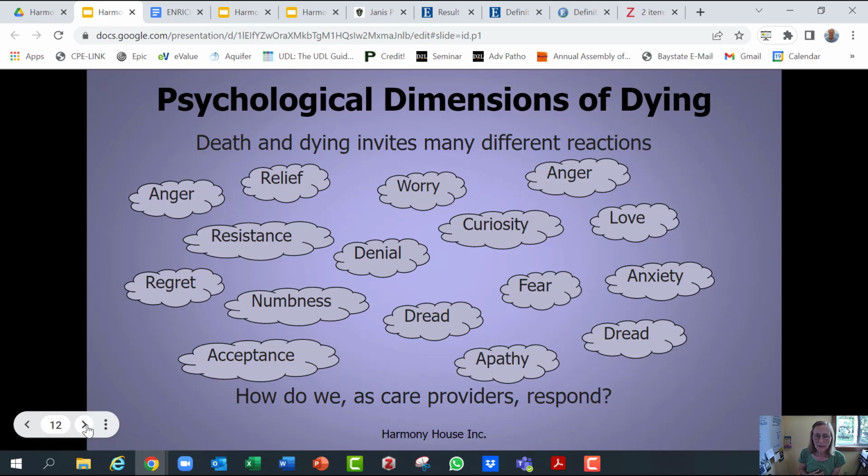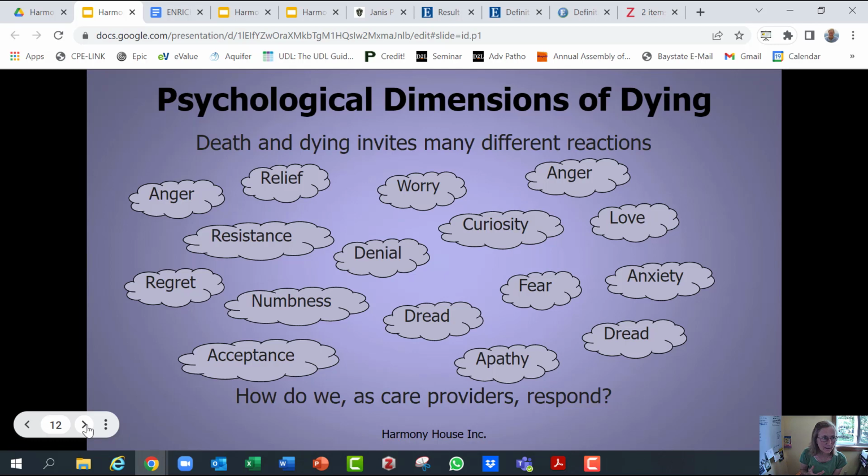Psychologically, dying, active dying, is this process that can include lots of different emotions. And we need, as care providers, to respond to those emotions. So if there's denial, what are we doing to either help with a sense of acceptance or understanding at the very least?